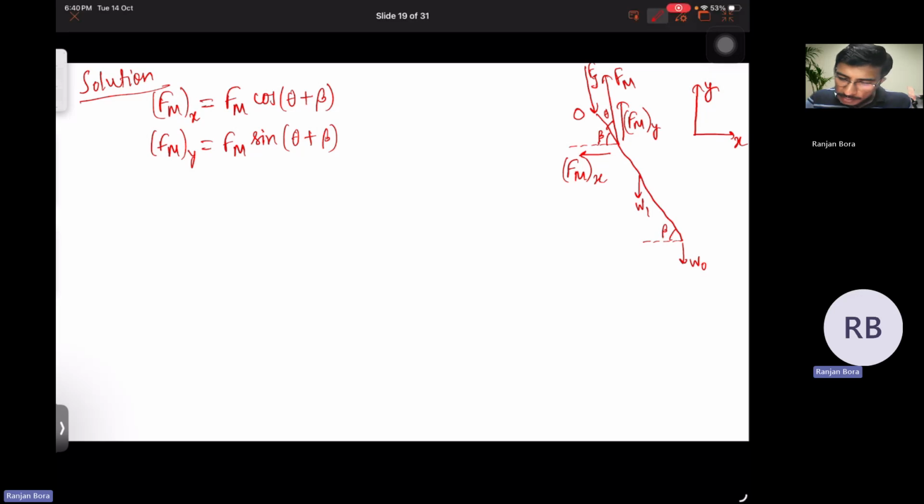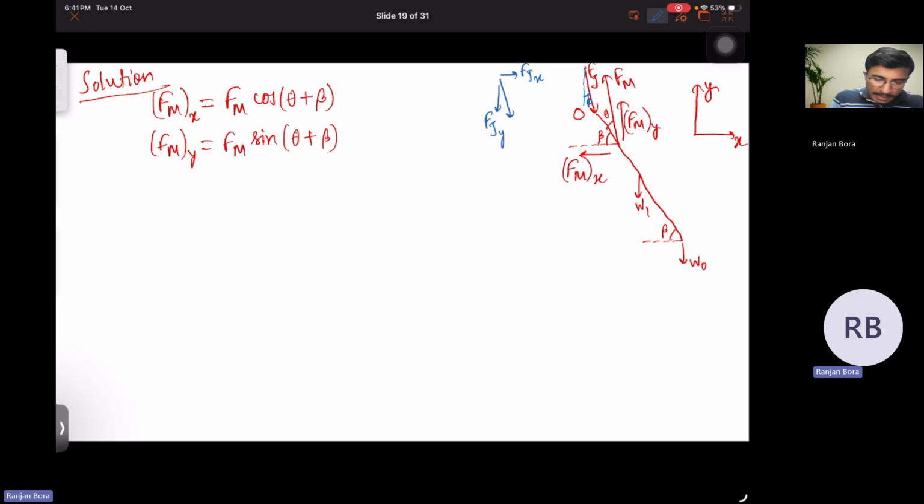let us take this Fj. It is acting at an angle phi, where phi is with the vertical direction. So again, Fj will have two components. If this is Fj, then one component will be Fjx and one component will be Fjy.